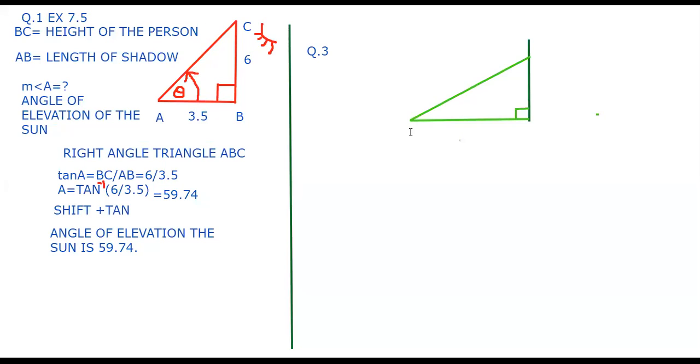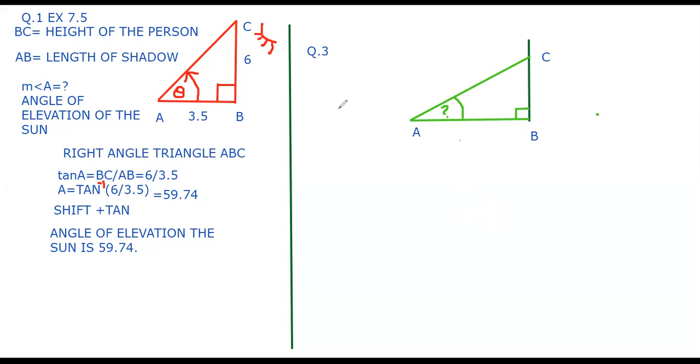Then you will start labeling the diagram, which is important. If you will not label the diagram, then you will not be able to explain any concept or elaborate the diagram. So diagram is important. You must redraw it. And it is somewhere here, an angle like this one. This is the required angle that we need to find.